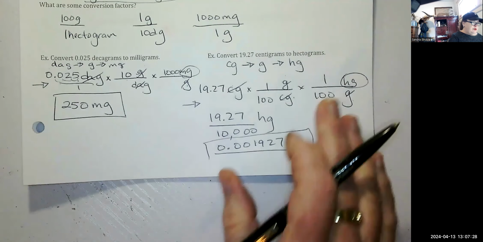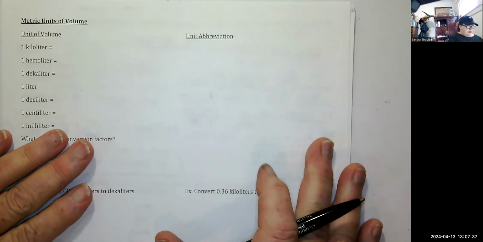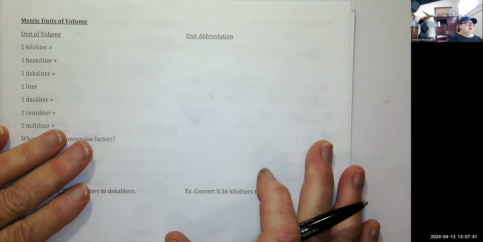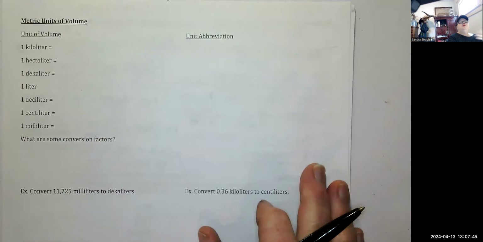Next is going to get us through liters, which is the last of the units for metric. The length is measured by meters. The mass is measured by grams, and then volume is measured by liters.